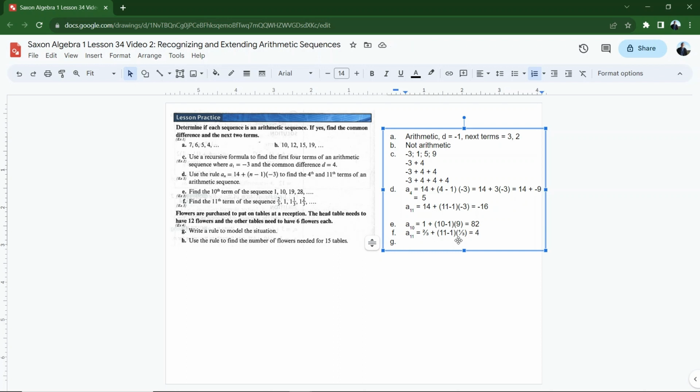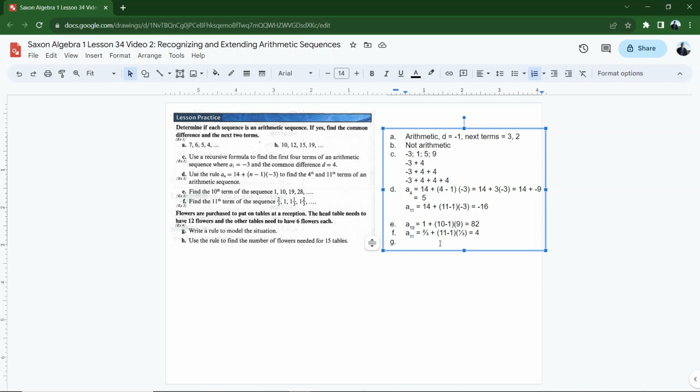Flowers are purchased to put on tables at a reception. The head table needs to have 12 flowers, and the other tables need to have 6 flowers each. It sounds like I have an original amount of 12, and then I'm adding 6 each time. Write a rule to model this situation. Well, this is a pretty easy rule.